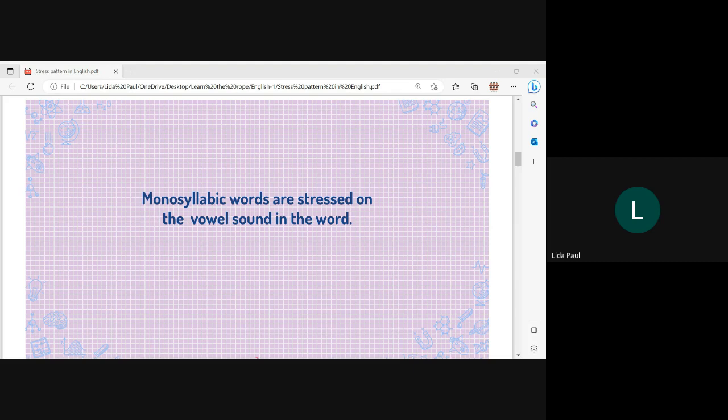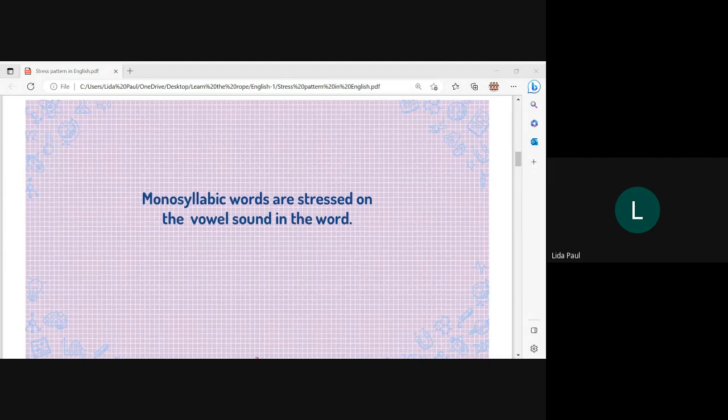Okay. What does a syllable constitute? Right now, it is important to understand what the structure of a syllable is. We keep talking about syllable, syllable. What is a syllable? A syllable is something that consists of at least one vowel sound, right? Which means when you talk about syllables, there should be the presence of at least one vowel sound in that. If you don't have a vowel sound, you cannot have a syllable.